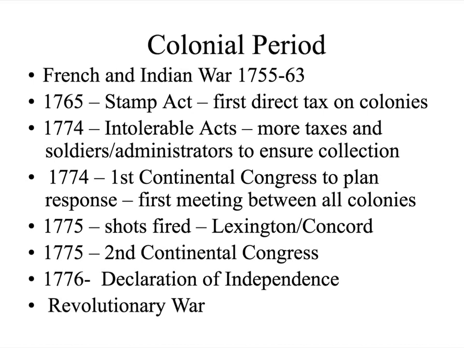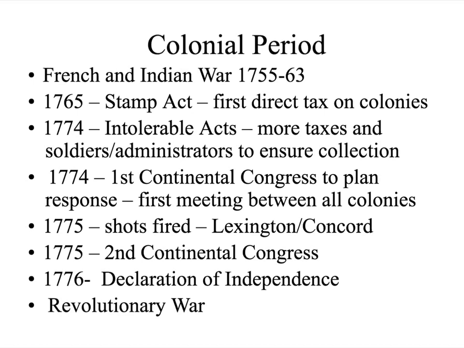More taxes, but also soldiers would be stationed as well as administrators to actually collect the tax, which was very difficult in the period before this because they had been so hands-off. There were not enough administrators from Britain to actually enforce these taxes.